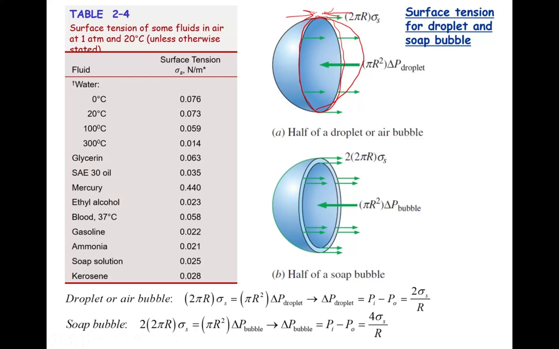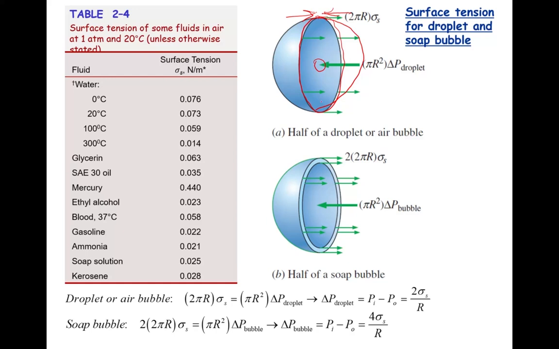Now, opposite to this, this force needs to be balanced by another force. What is the other force? When this surface tension applies, it creates a pressure inside the droplet. So we have a pressure force acting on this surface and a force acting around the perimeter.